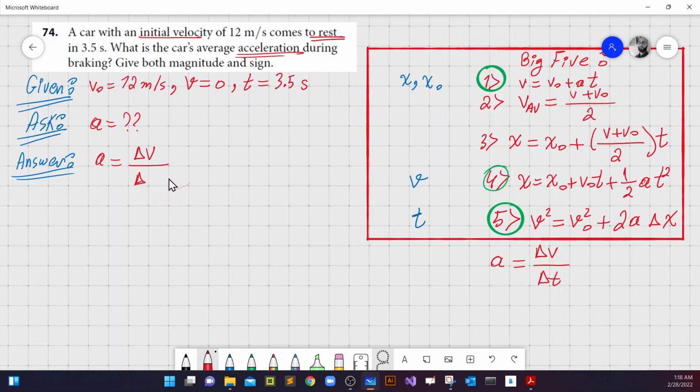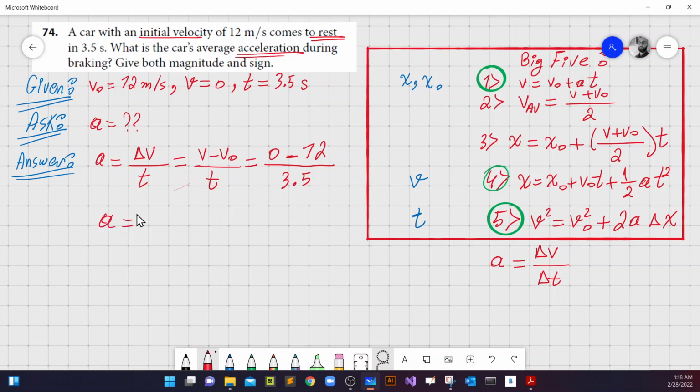So we have delta t equal to the time, so a equals (v minus v0) over t. v is the final velocity, which is 0, the initial velocity is 12, and the time is 3.5 seconds.